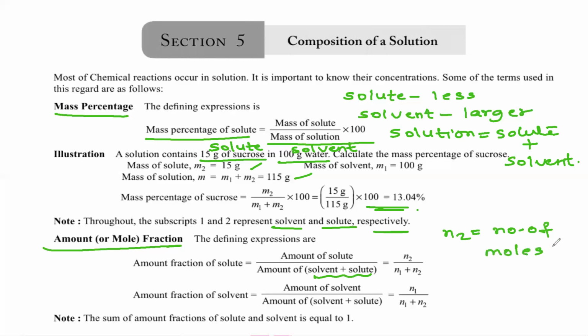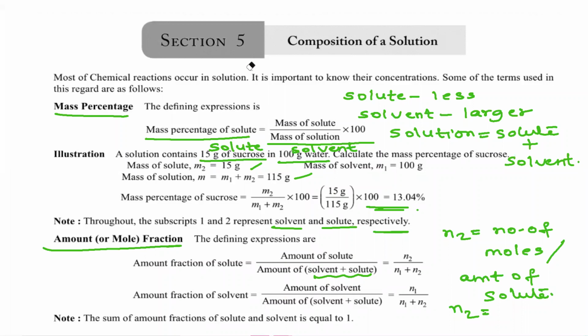To calculate N2, we have to use the formula: amount of solute, N2, is equal to given weight by molecular weight, that is weight of solute by molecular weight of solute. I'm writing it here again.